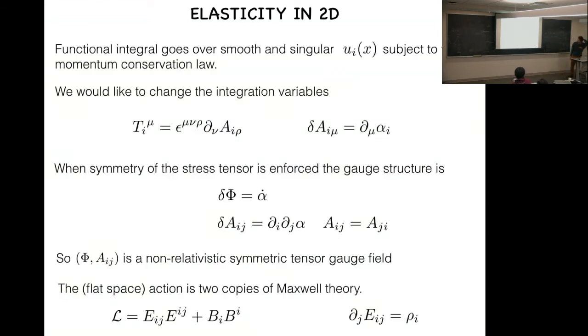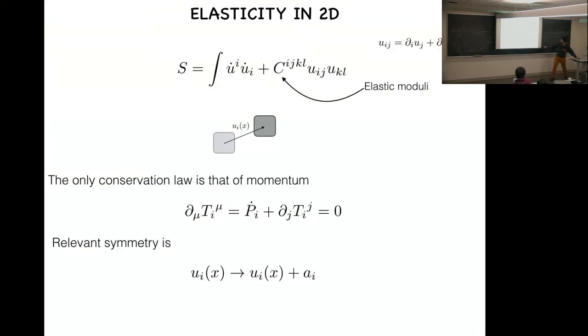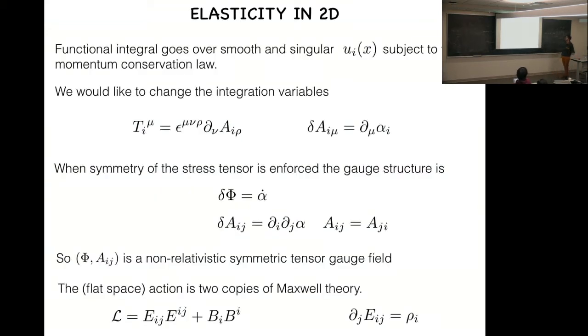So, it turns out that we can rephrase this theory in different variables. What we can do is introduce a new set of variables where momentum conservation, this equation, is automatically enforced. So how to do that? Well, we take this stress momentum tensor.